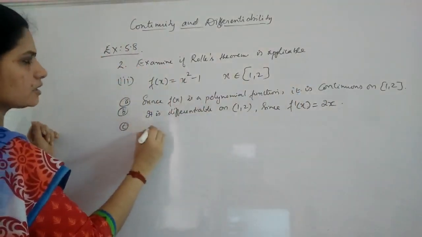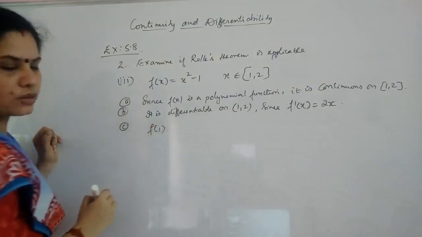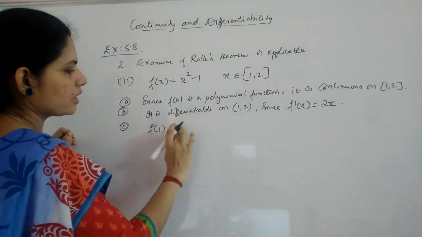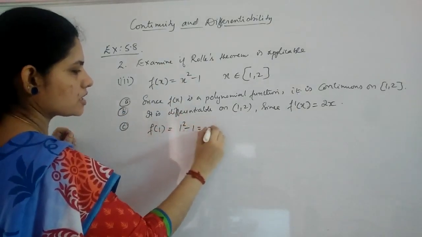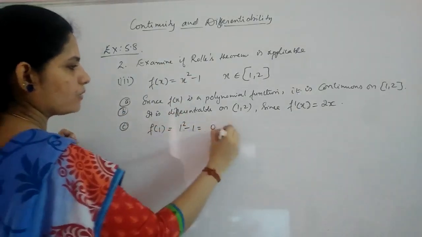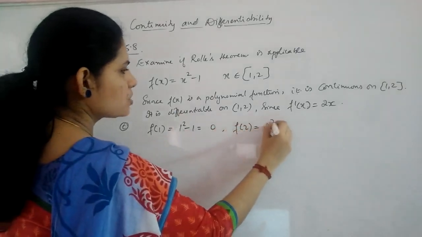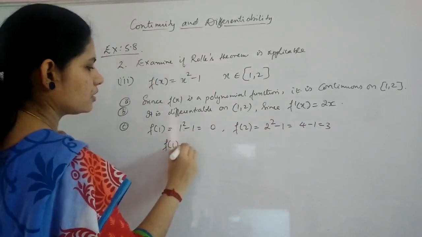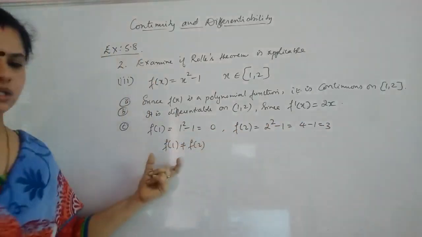Now what is the third condition? You have to check what is f of 1 and what is f of 2. F of 1 is 1 square minus 1, which is 0. And f of 2 is 2 square minus 1, 4 minus 1, which is 3. So you are getting f of 1 not equal to f of 2. So the third condition is not satisfied.